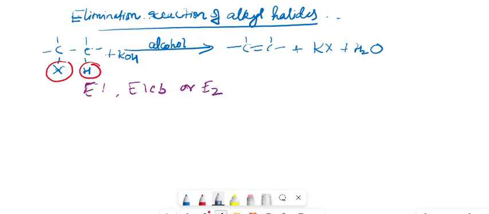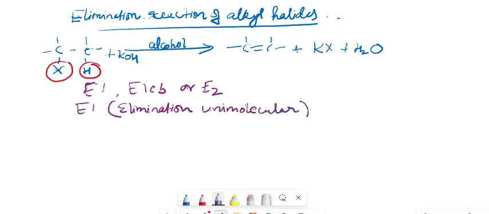So, first of all, we will study about the E1 mechanism, the full form of which is elimination unimolecular. There are two steps in this reaction mechanism.